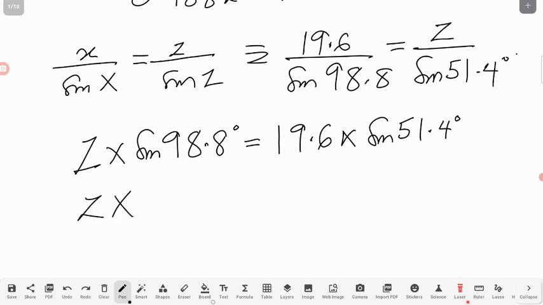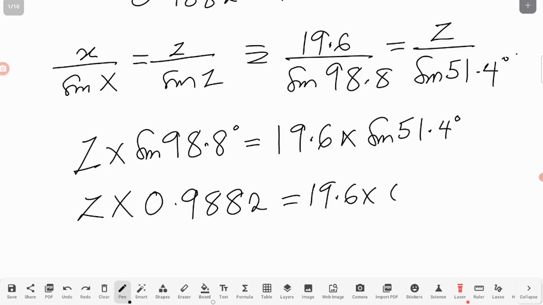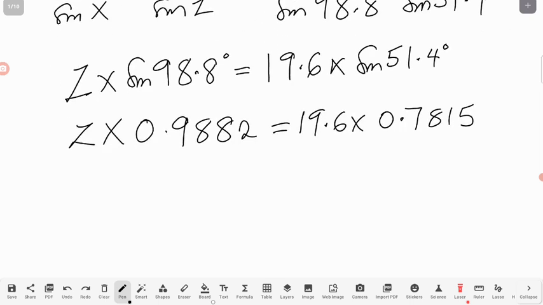We found sine 98.8 before, which gives us 0.9882, which is equal to 19.6 multiplied by 0.7815.